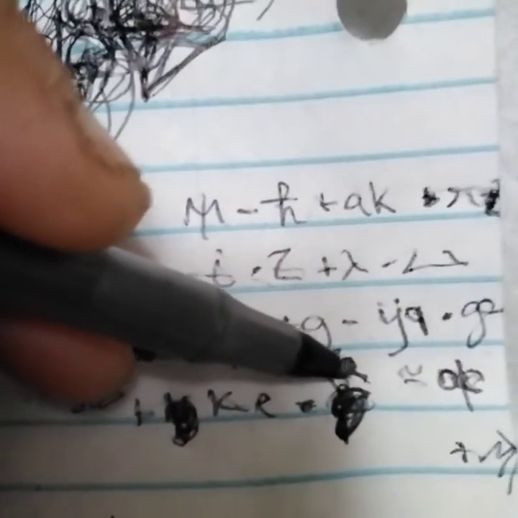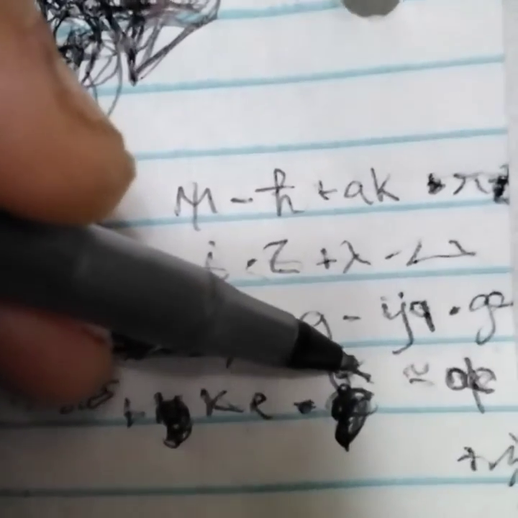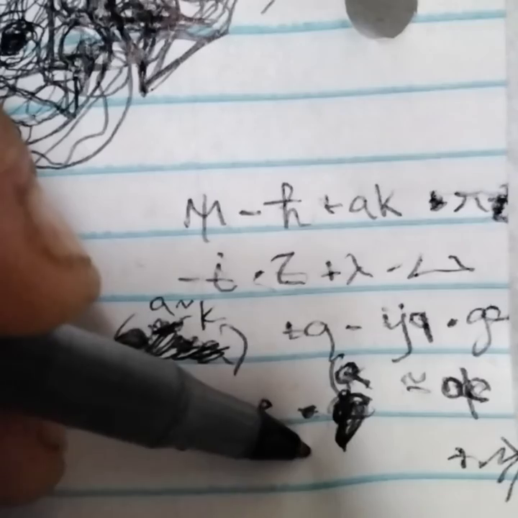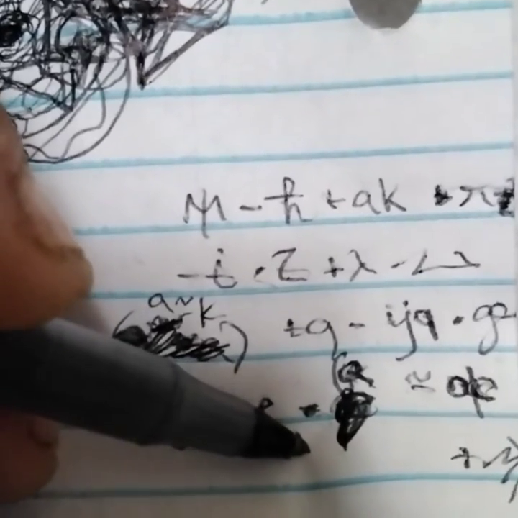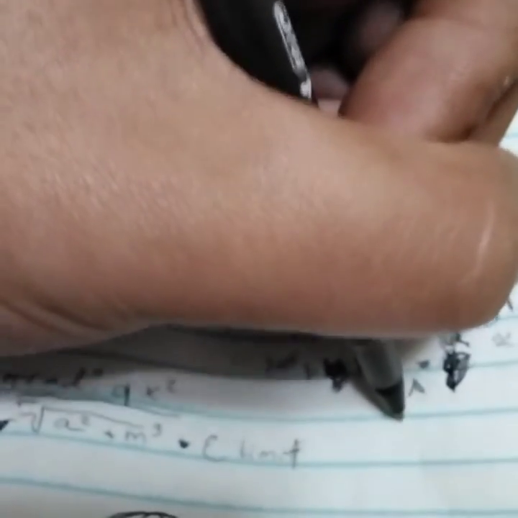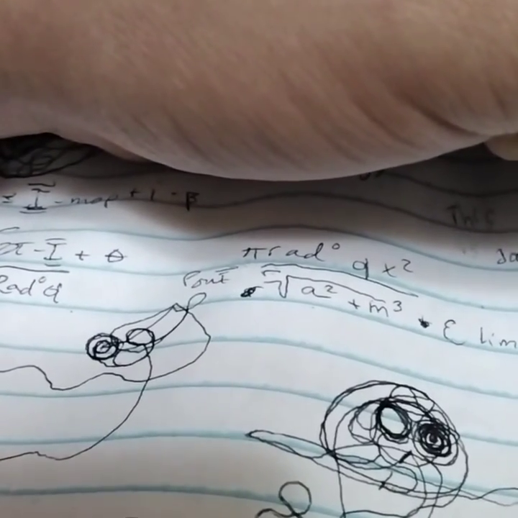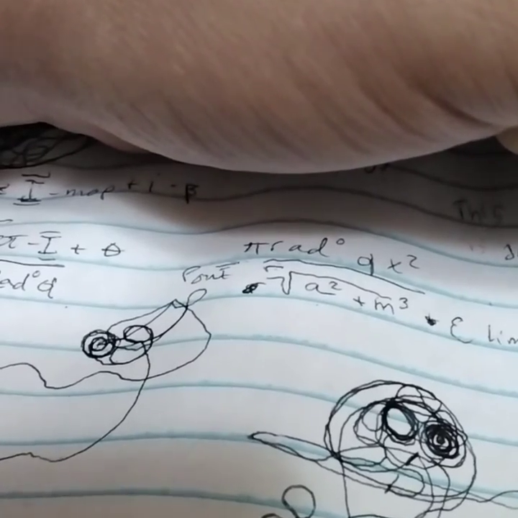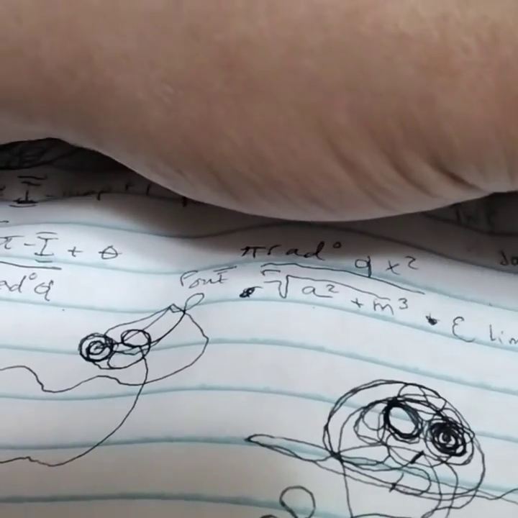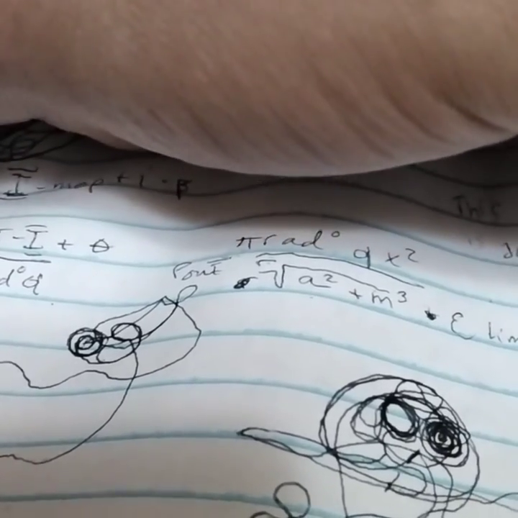I got rid of Q, or I didn't get rid of Q. I just need to insert something right here, which is times I plus area minus mass, like that.